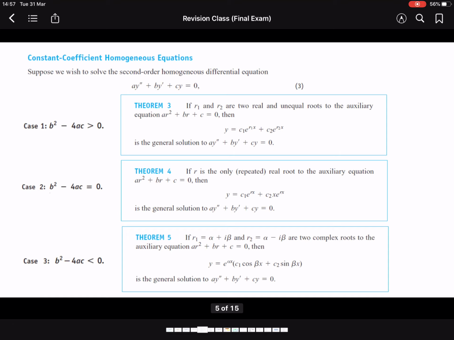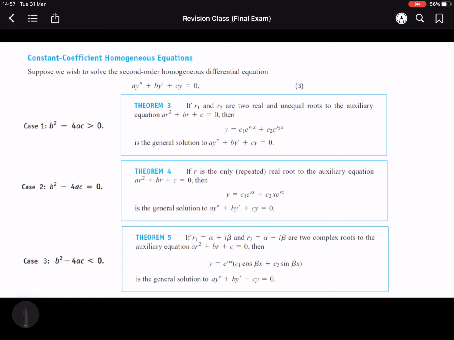So if you know that your roots are different, then you have to express your yc, or the complementary solution, as y equal to c1 multiplied with the exponential of r1 x plus c2 multiplied with the exponential of r2 x. However, if you have two repeated roots, then your complementary solution will have to be written as in theorem number 4.